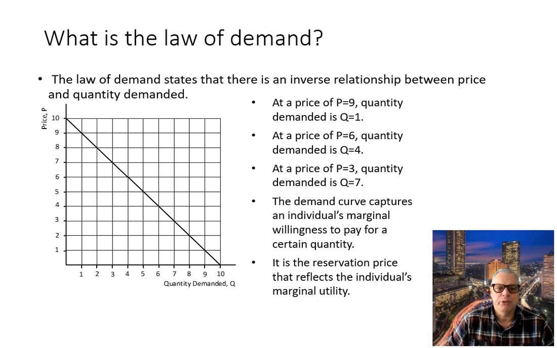What is important to note already is that there's a difference between demand and the term quantity demanded. The demand is this entire curve. The demand is also sometimes called the demand schedule. The demand schedule informs about all possible combinations between a price and quantity demanded.